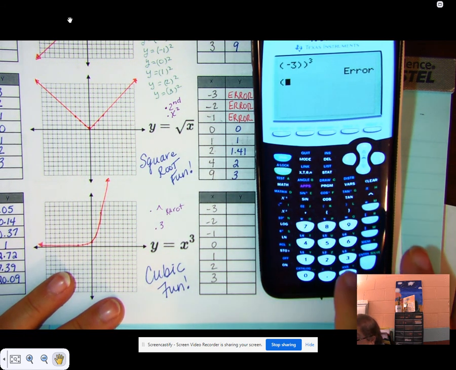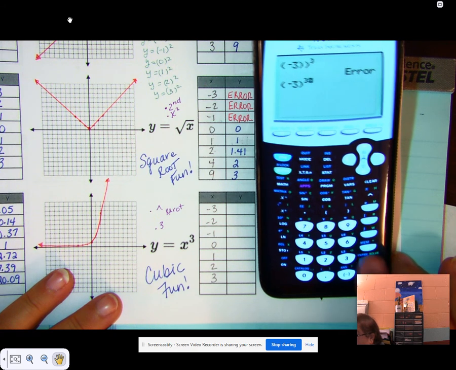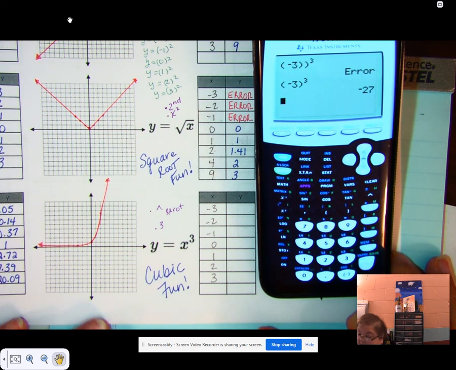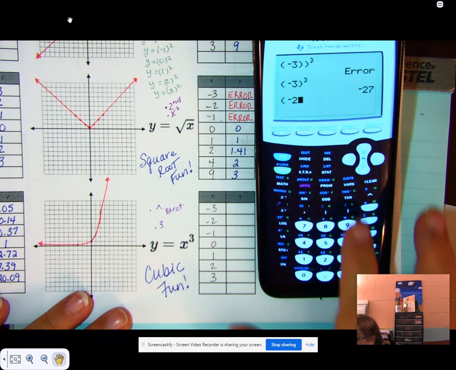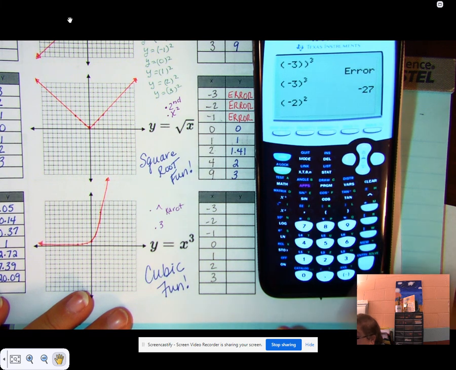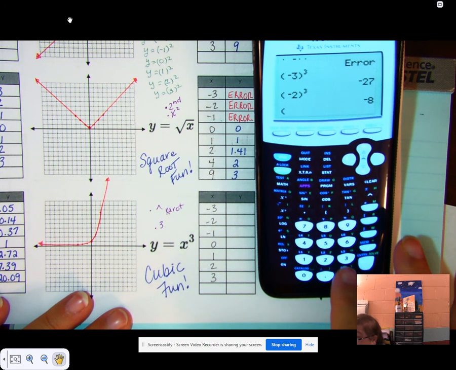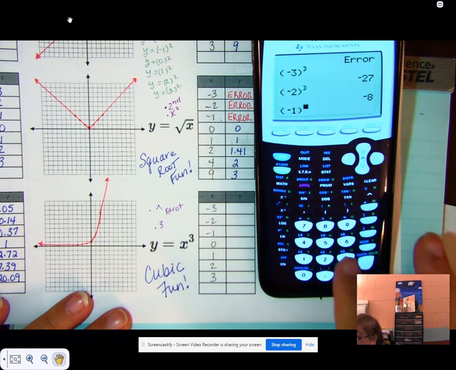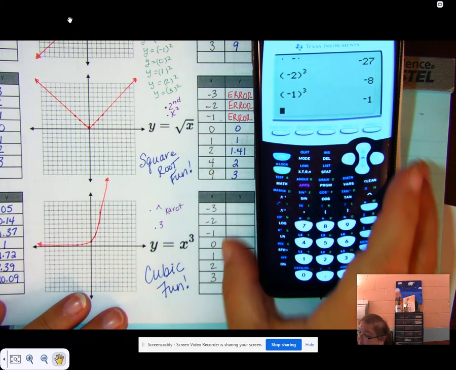Let me try this again. -3, raised to the 3rd power. There we go. Okay, -27. -2 raised to the 2nd power. No. Still cubed, it's all cubed. Okay. -1 raised to the 3rd power. Okay, and that just continues in that same pattern.